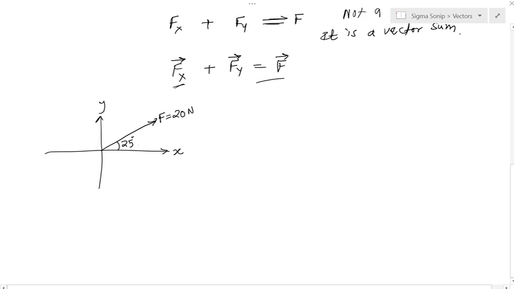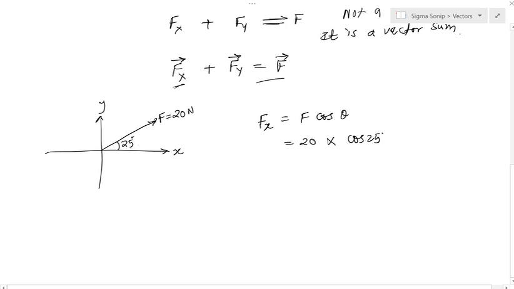In this particular case, you need to remember that X is the direction with which your original force is making an angle of 25. Fx will be F cos theta, which is basically 20 Newton times cos 25.